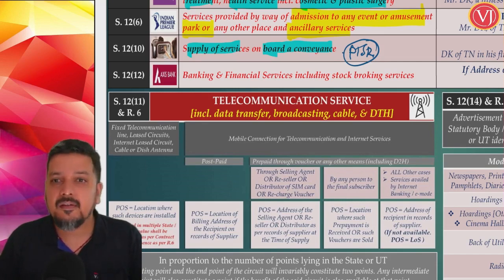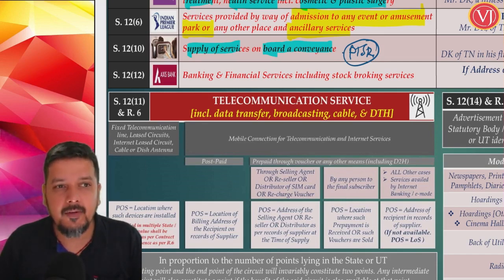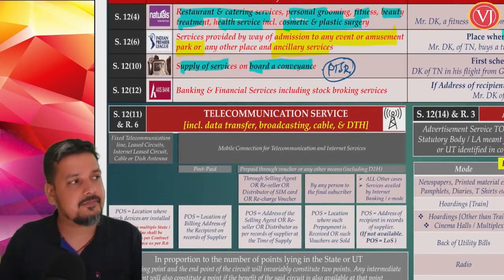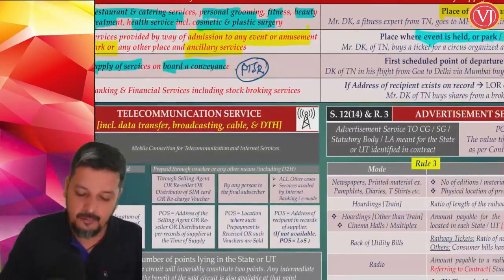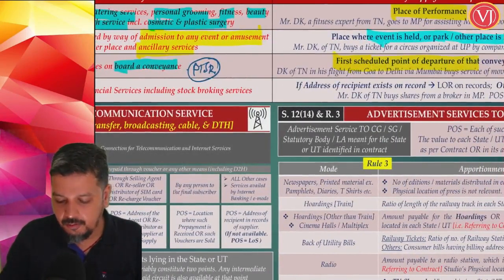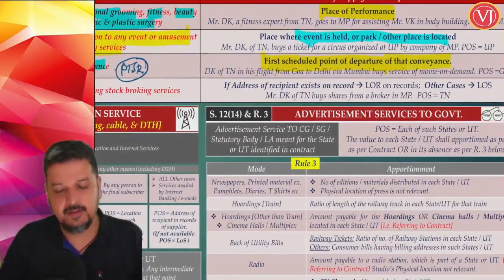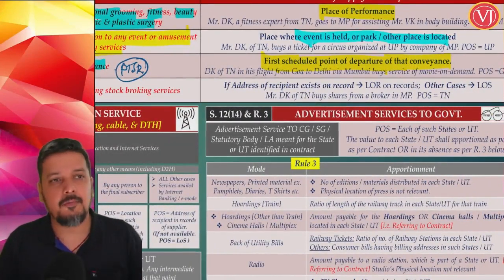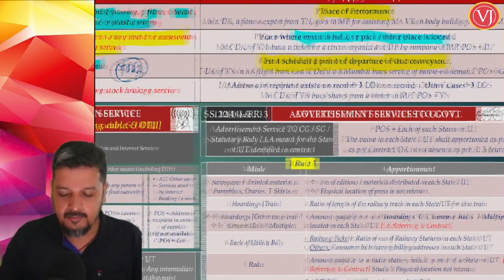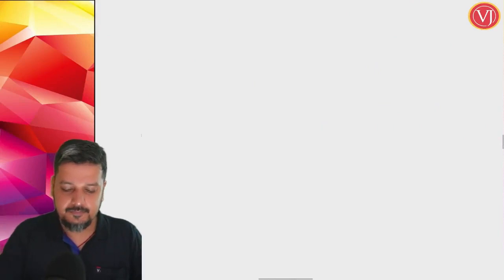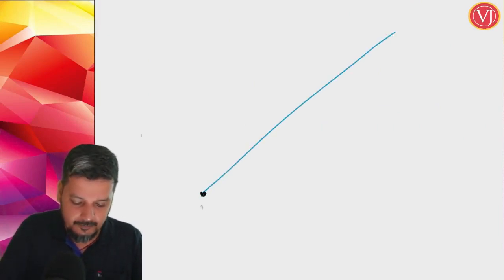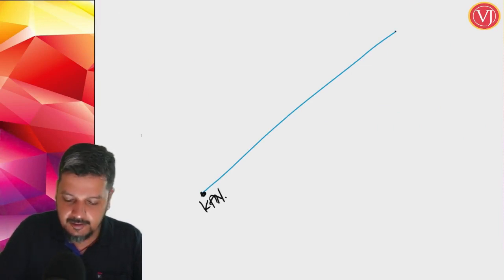What will be the answer? It is the first scheduled point of departure of that particular conveyance. Now to put it in very simple terms, let me give an example where there is a train which is starting from Kanyakumari and ending at Ladakh.